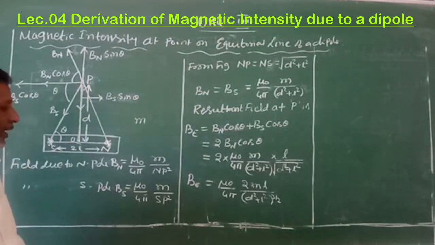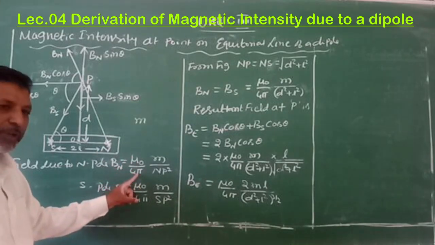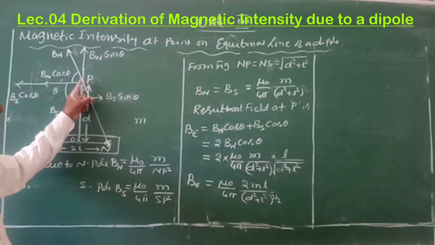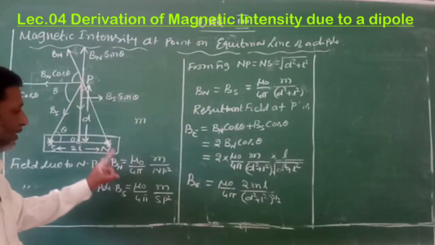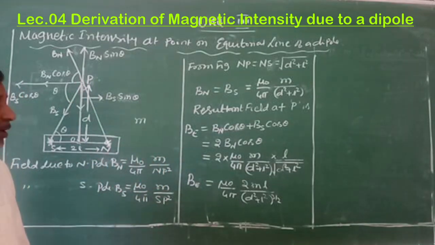Then field due to the north pole is mu naught divided by 4 pi, then m divided by the square of the distance of the point from the pole, isn't it? Now, what is the value of field due to the south pole?